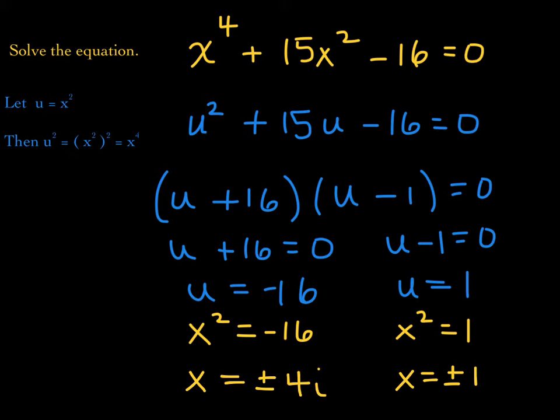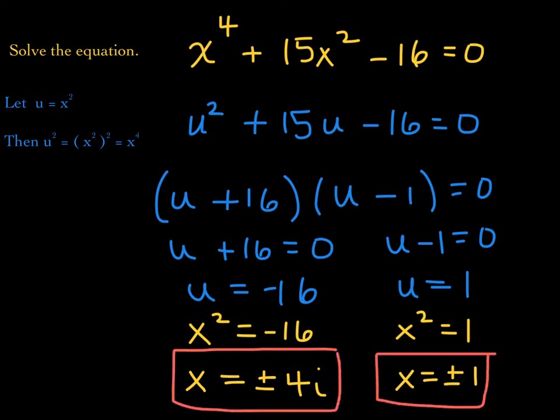Notice that you have 4 different solutions: positive 4i, negative 4i, positive 1, and negative 1. 4 solutions, and this equation happens to be degree 4. That is the relationship whenever you're solving a polynomial equation. A polynomial equation will have the same number of solutions as its degree.